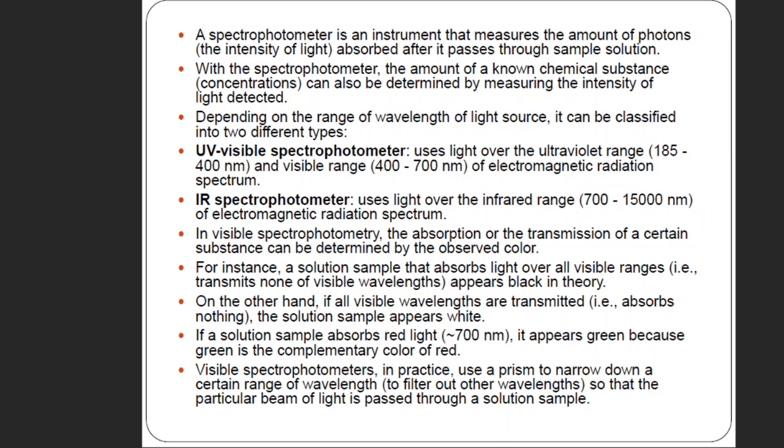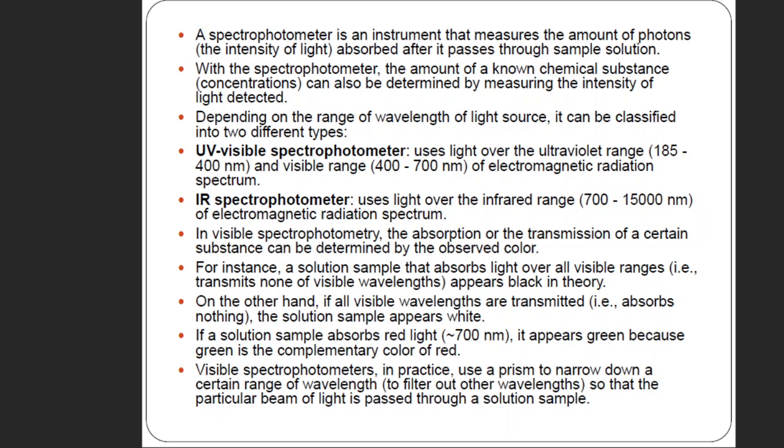So the visible spectrophotometer in practice uses a prism. That prism is that diamond-like, triangular structure. In practice, it uses a prism to narrow down a certain range of wavelength. So in our block diagram, we have discussed that from a light source, different radiations were passed through a slit.